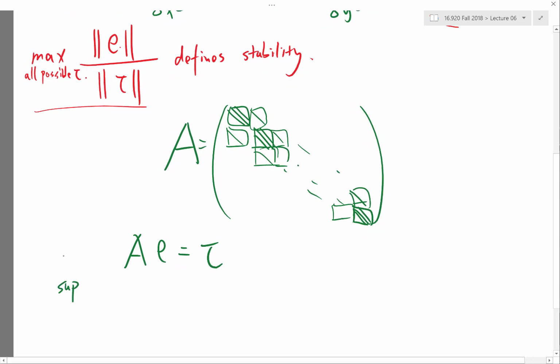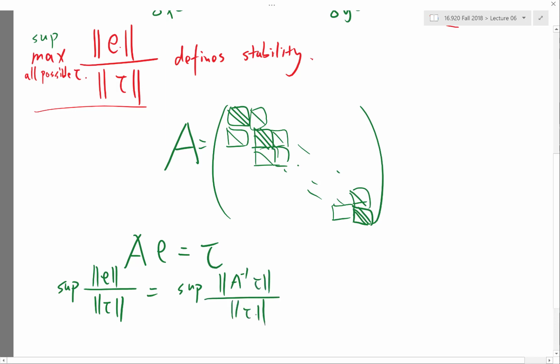Well, I can write the supremum of the norm of E over the norm of tau as equal to the supremum of the norm of A inverse times tau, divided by the norm of tau. Make sense? And this is, by definition, called the matrix norm of A inverse.